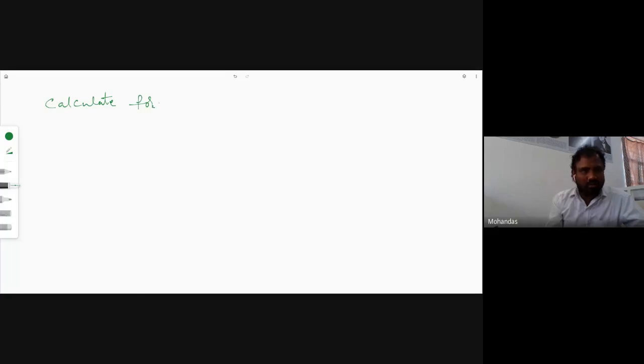Calculate the force on a straight conductor of length L. Can you see the whiteboard? Yes, sir. Length 10 centimeters.